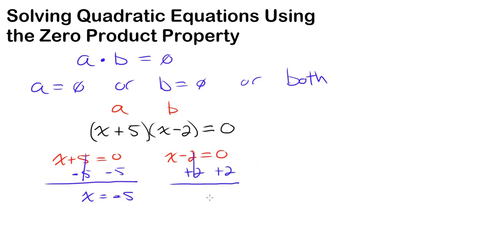And I get x equals positive 2. So these are the zeros of this quadratic function. These would be the x-intercepts that you would get if you were to plot this quadratic function on a coordinate plane and see where the parabola intersects the x-axis. It would intersect at negative 5 and positive 2. And that's how we use the zero product property to solve a quadratic equation.